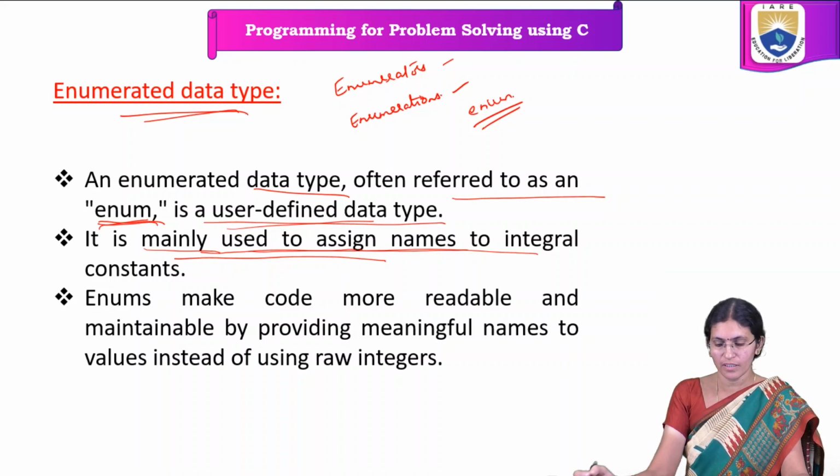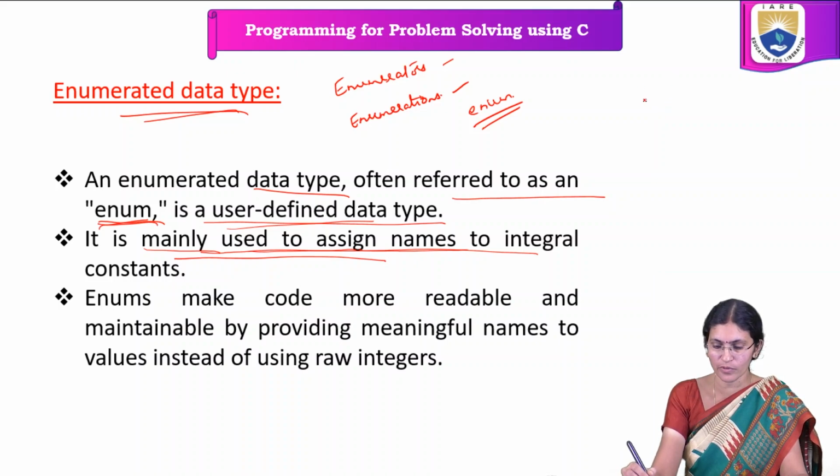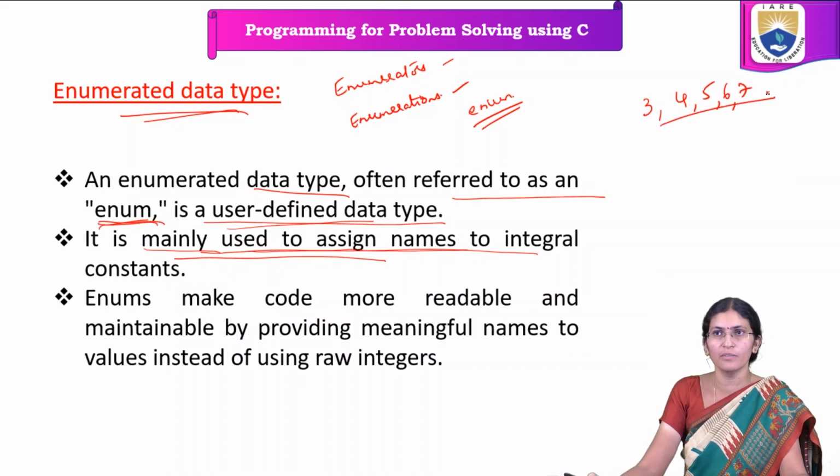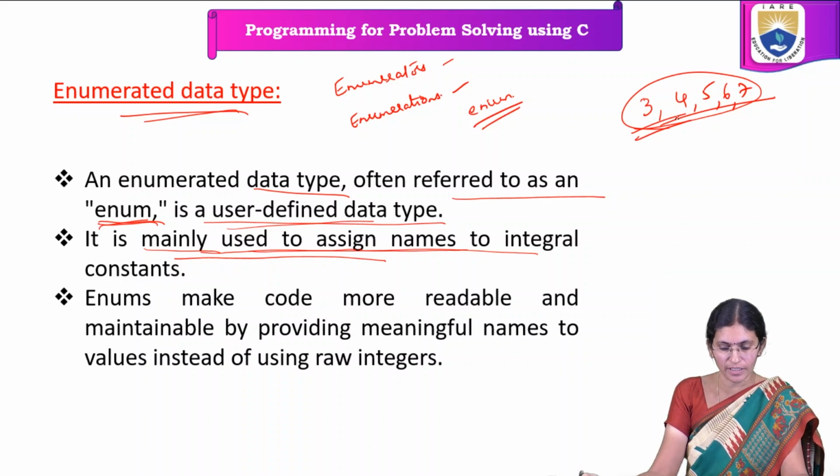Suppose in the program we need to use more than one constant, say 3, 4, 5, 6, 7, 8. In order to use these constants, we can make use of the enumerated data type.